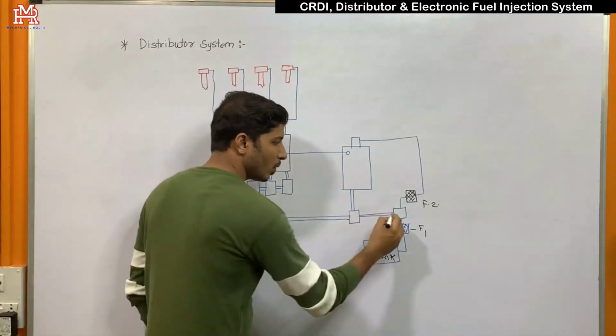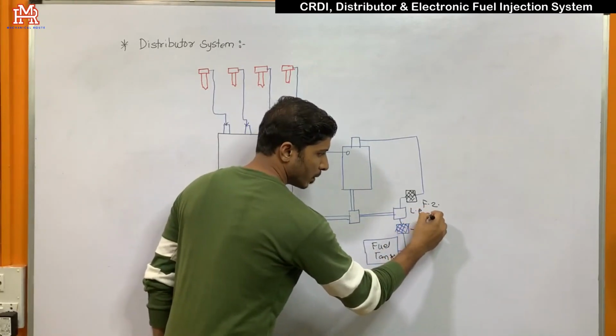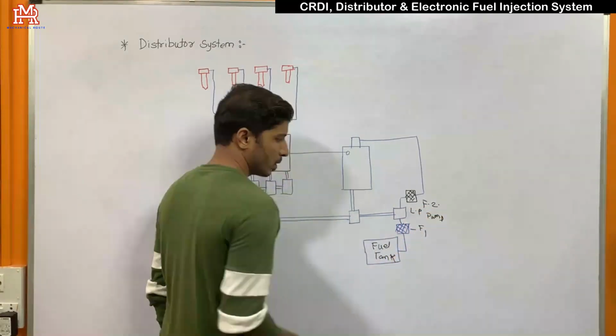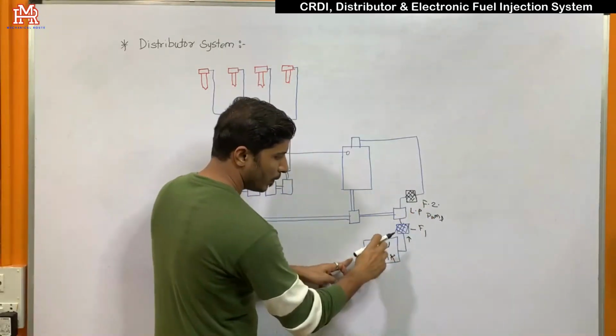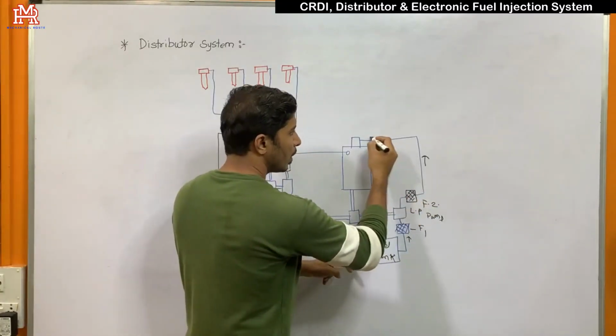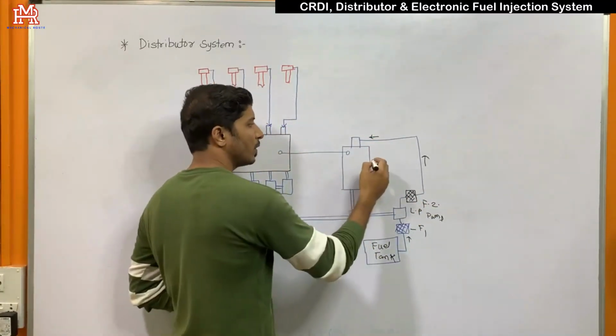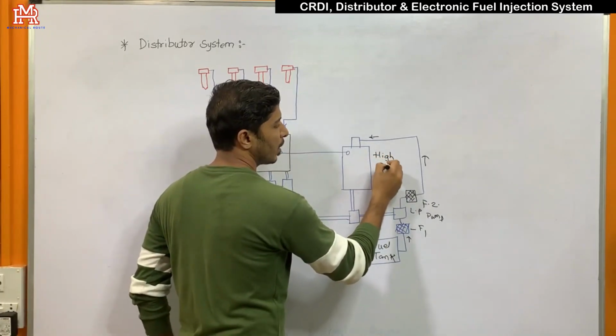And we have discussed the low pressure pump. This is the low pressure pump. We know that the fuel will be transferred. This low pressure pump will take fuel from this fuel tank and transfer it to here. This is the high pressure pump.